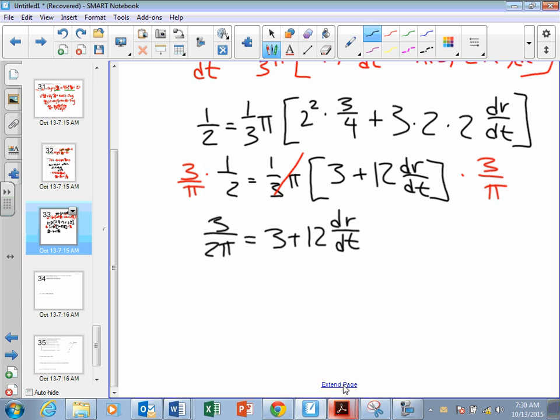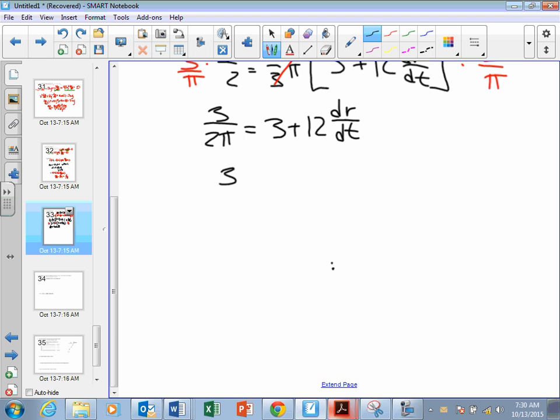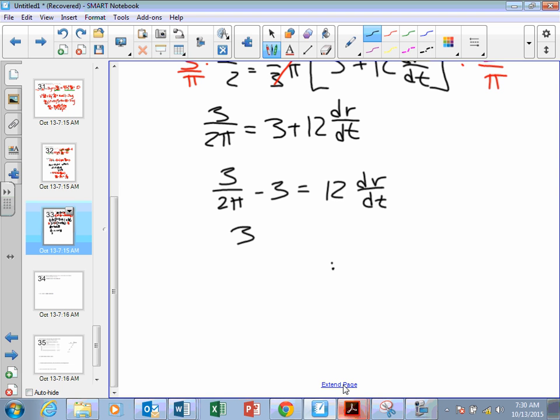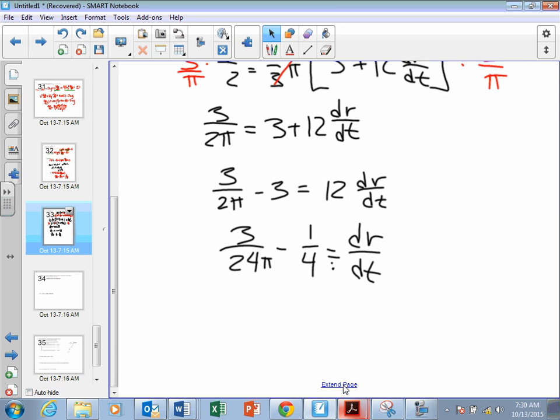Subtract the 3 and divide by 12 to get my final answer. So 3 over 2 pi minus 3 equals 12 dr/dt. Divide both sides by 12: 3 over 24 pi minus 1/4 equals dr/dt. All we did was plug in for all of our variables except the one we wanted to solve for, and then solve the problem to get that one variable by itself.